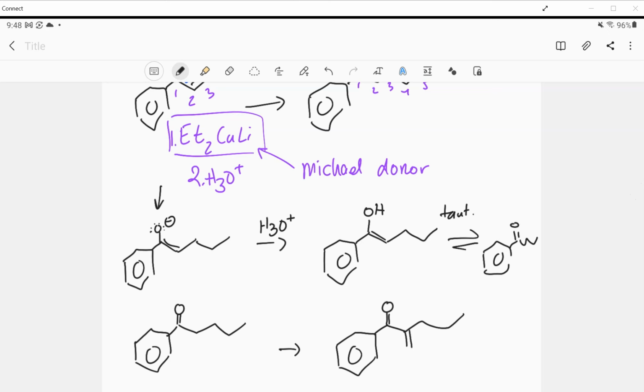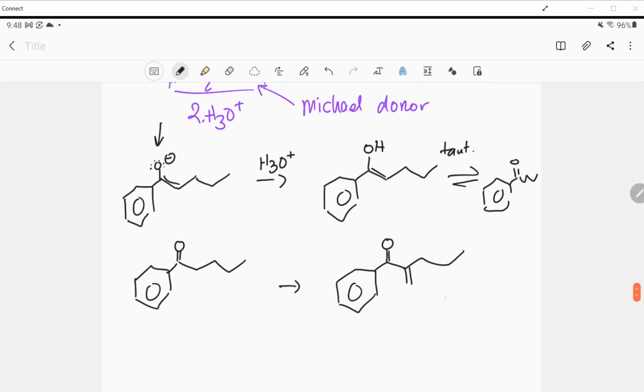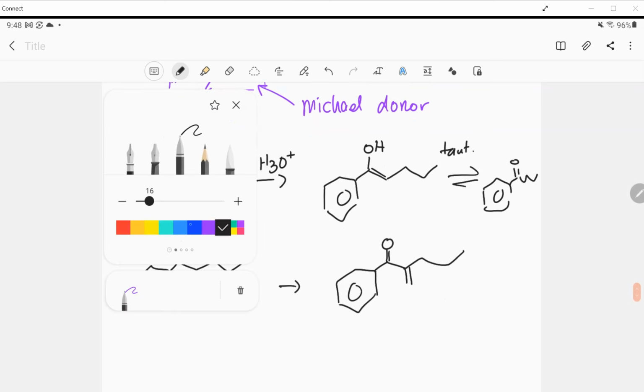All right, so what have we done? We've added a double bond on the alpha carbon. And what does that mean then? Reaction-wise, what are we thinking?